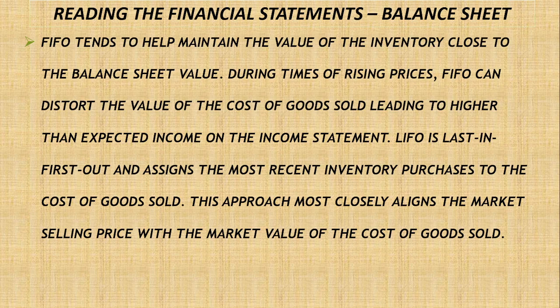LIFO is last in, first out, and assigns the most recent inventory purchases to the cost of goods sold, that's COGS. This approach most likely or closely aligns the market selling price with the market value of the cost of goods sold.